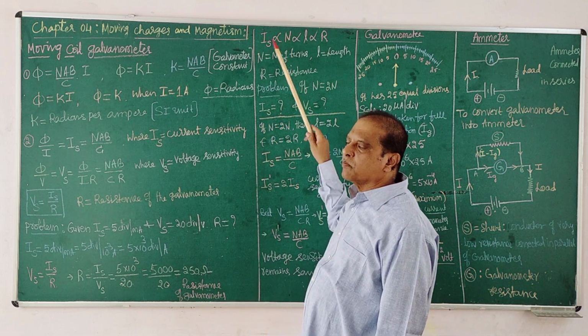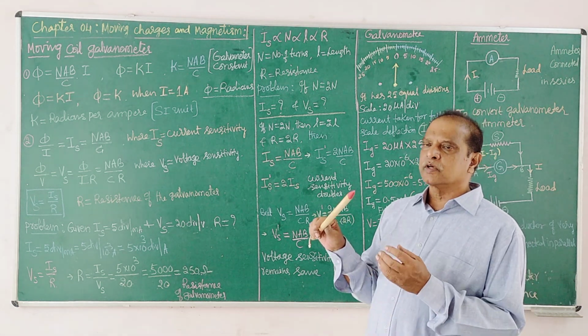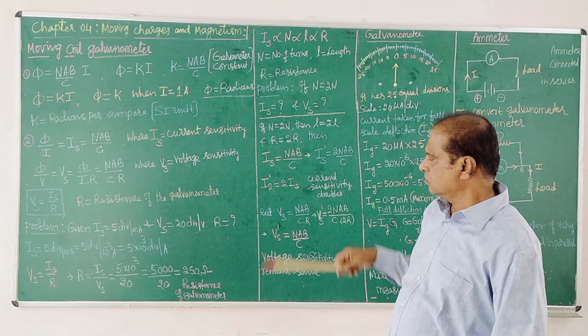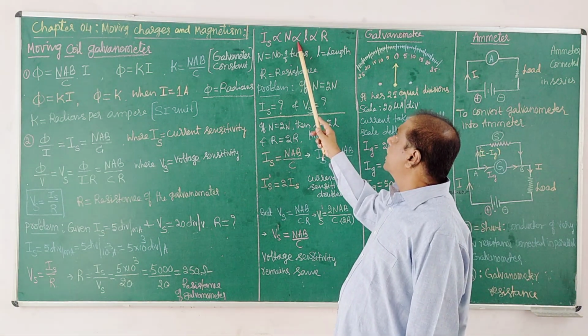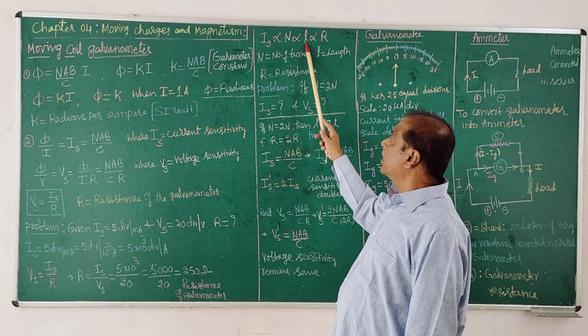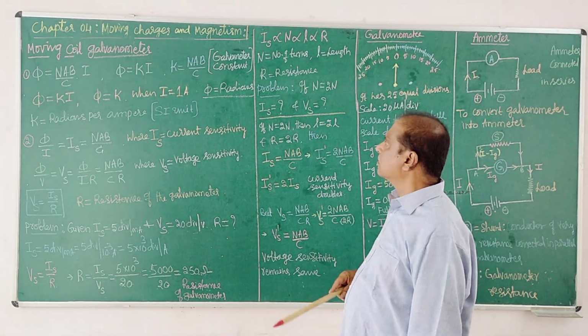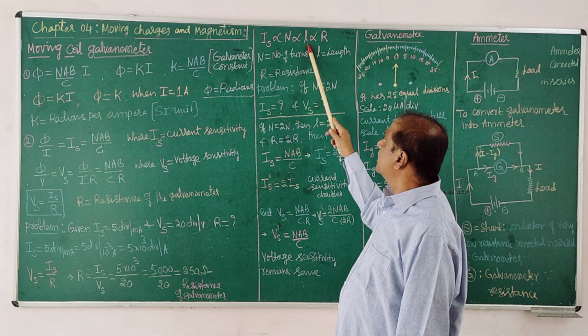And you know what n is? Number of turns in the coil. The number of turns increases as the length of the wire increases. So n is also directly proportional to L, the length of the wire we are using for winding the coil. And one more point, this length is directly proportional to resistance.